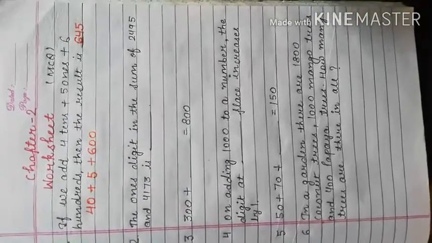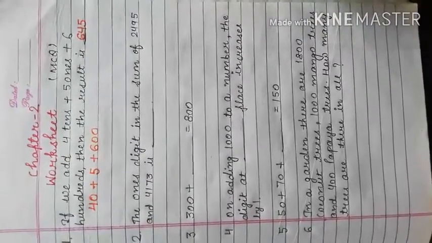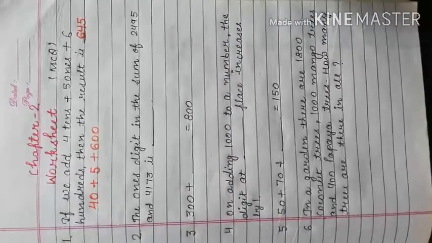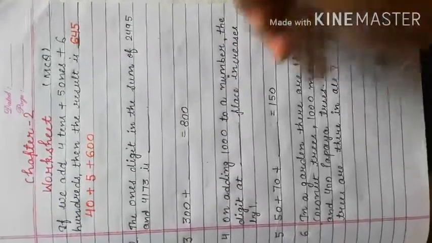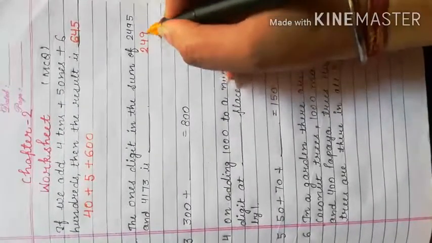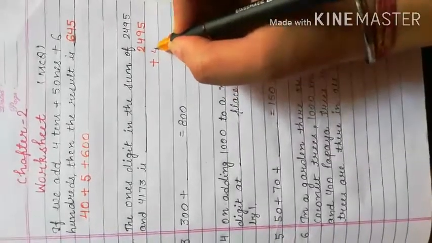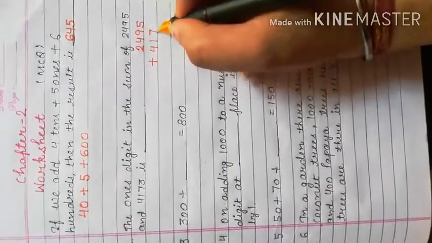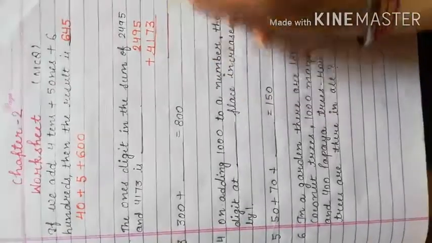Before looking for the ones digit you have to find out the sum of the given numbers, that means the sum of 2495 and 4173. Just calculate its sum.